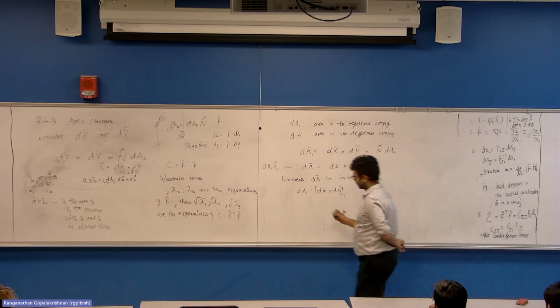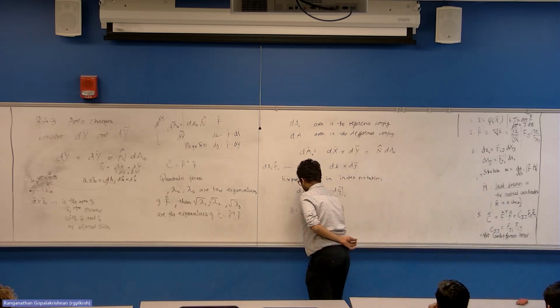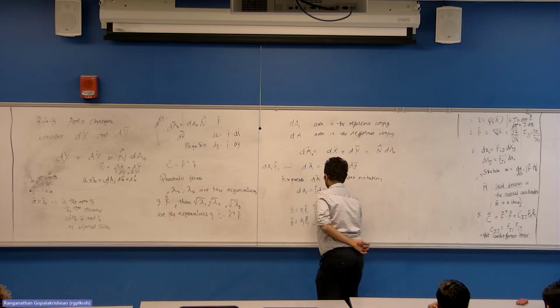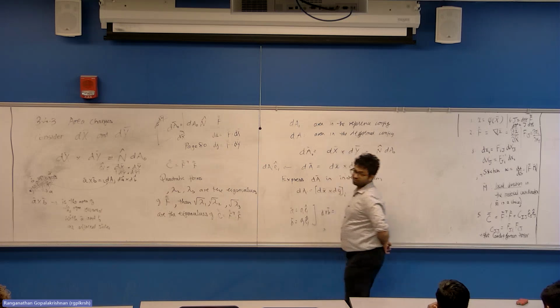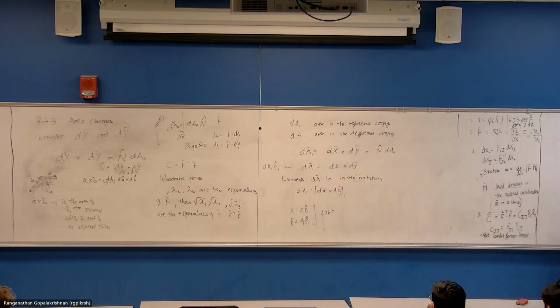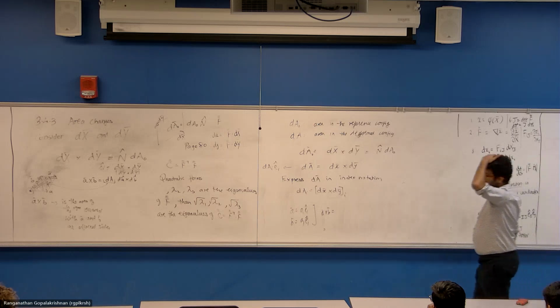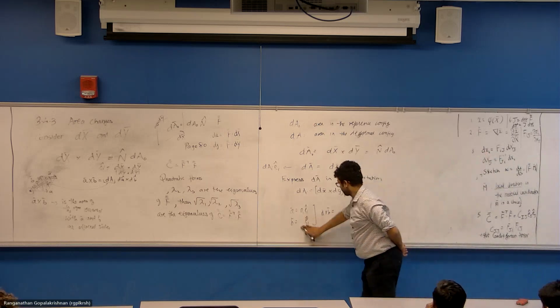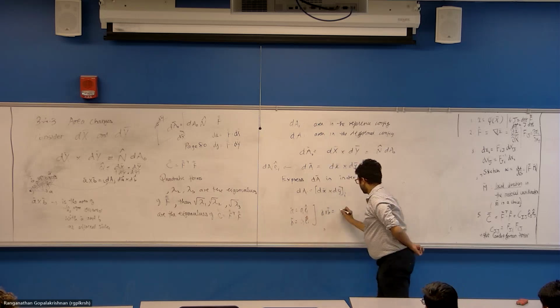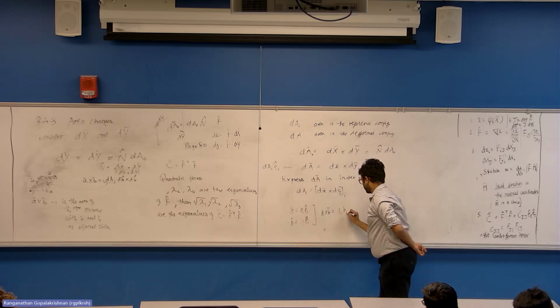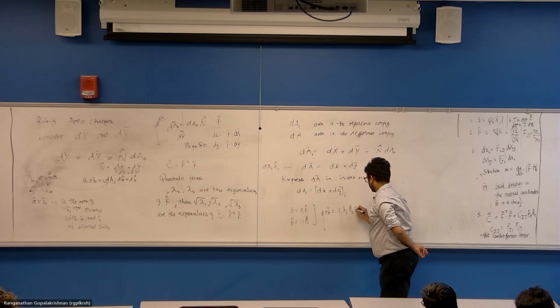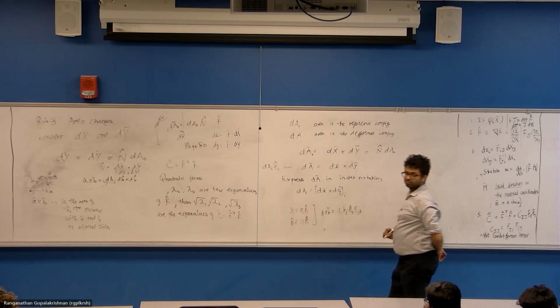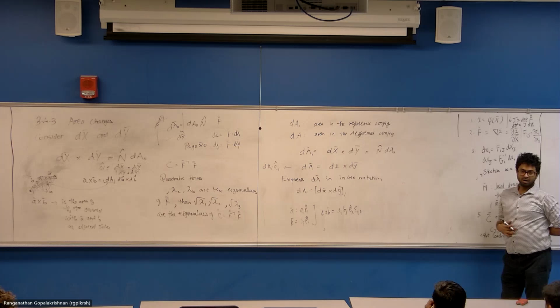Again, a reminder: if A is equal to A_i e_i cap and B is equal to B_j e_j cap, what is A cross B? We saw this when we did the first unit. A cross B would be A_i B_j e_k epsilon_ijk.